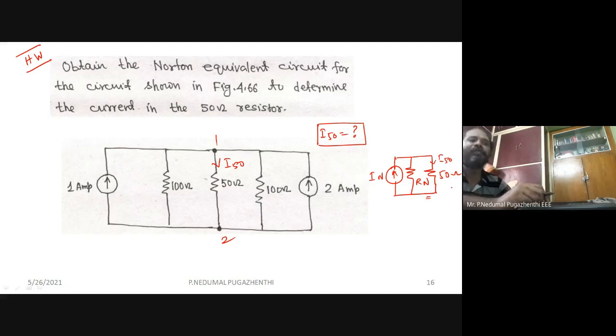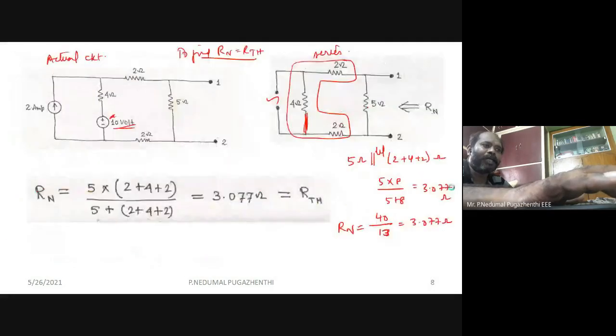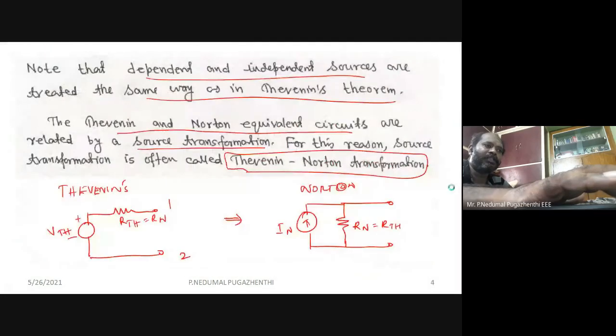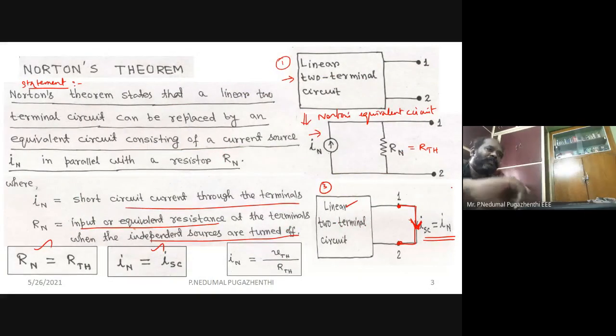It will take another 5 minutes to complete it. Meanwhile, I will try to summarize whatever we have discussed, the theory part, and then we will wind up the class. If you have a doubt, you can ask me now. Norton's theorem states that a linear two-terminal circuit can be converted or replaced by an equivalent circuit which has a current source in parallel with a resistor.